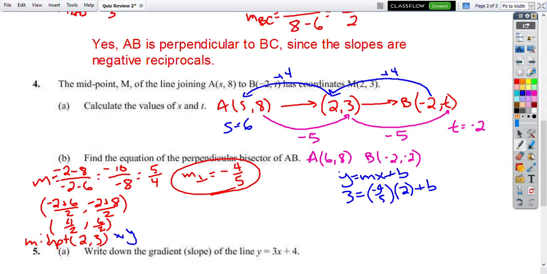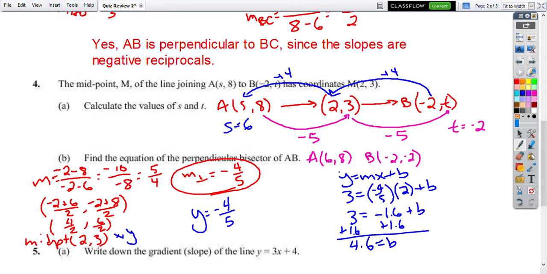So it's up to you. I feel like most of you guys would want it as a fraction. Negative 1.6 plus b, and then we'll add that 1.6 over. So this is 4.6, and then our equation, y equals negative 4/5 x plus 4.6.